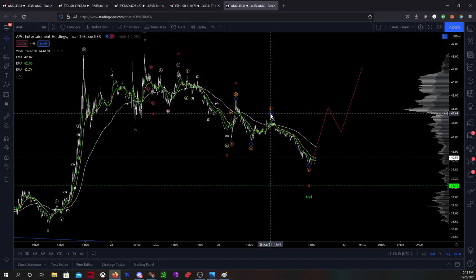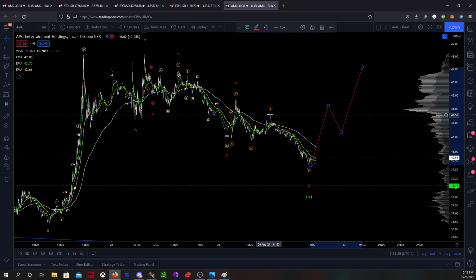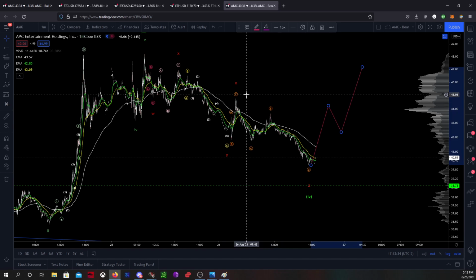What is that called? I always get these mixed up in my head. There'll be a lower high. Yeah. So you break your lower high here, which means that your trend is moving, because you have to break your swing first, right? And that's what these are. That's a swing. That's a swing.